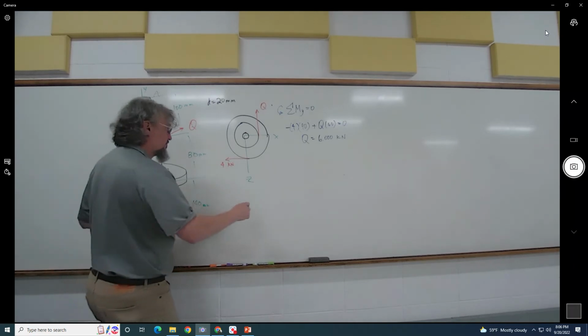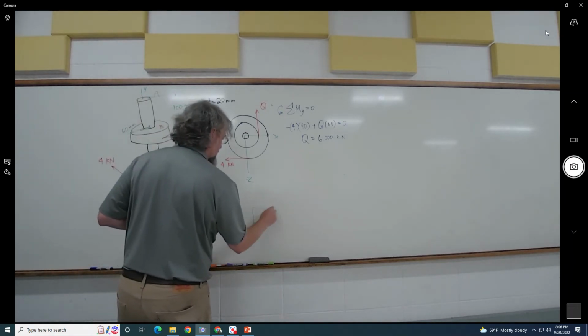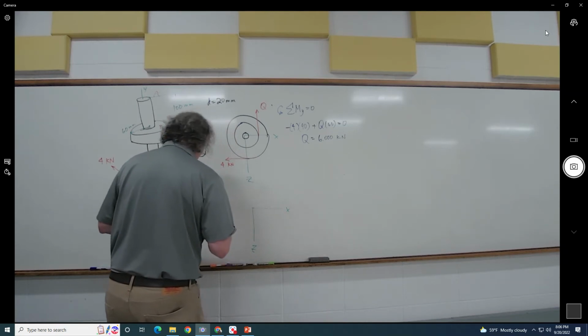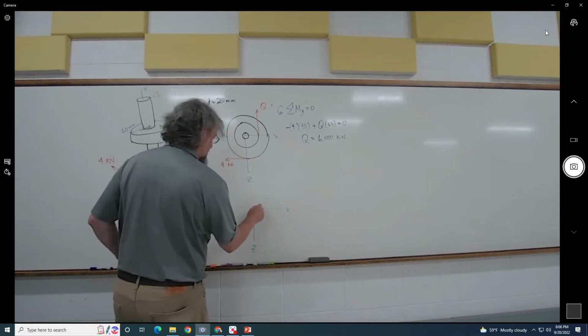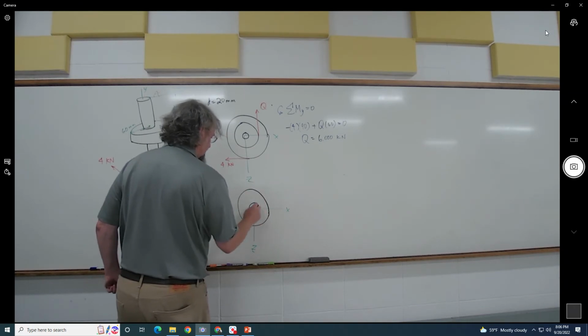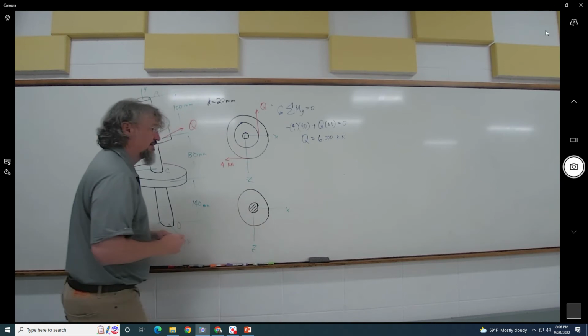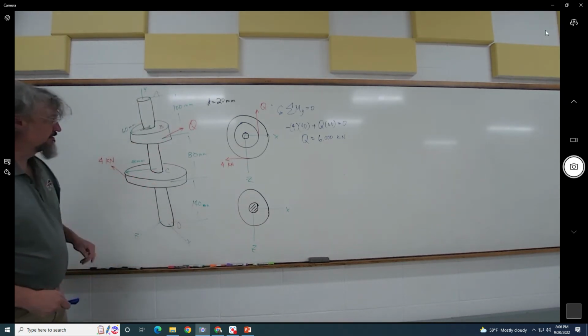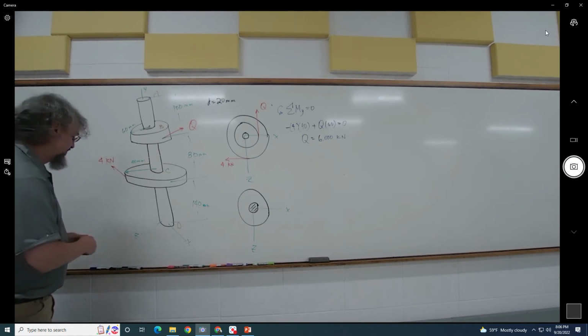So we will redraw this, and we'll only show the outside, and I'll draw it like that to say the shaft is now sliced in between so that we can expose the torque.